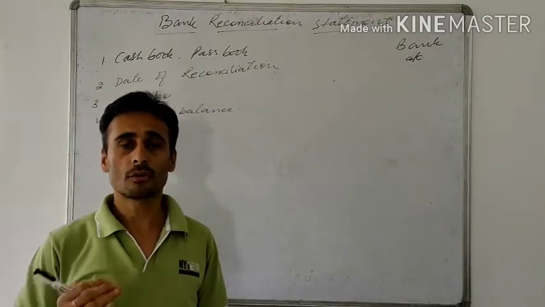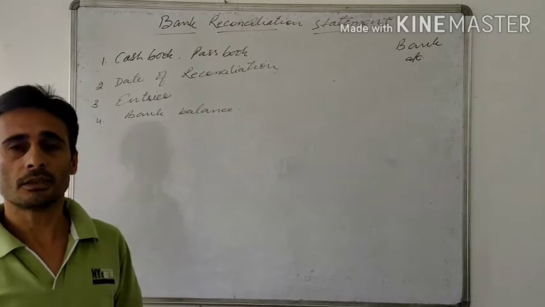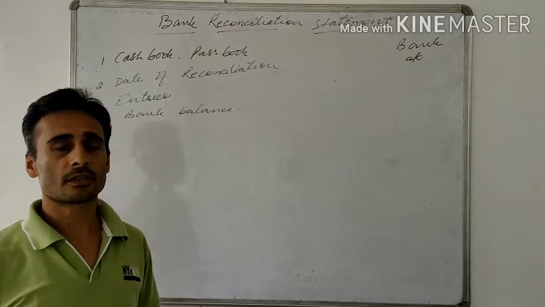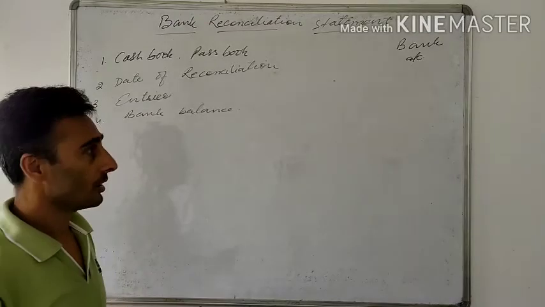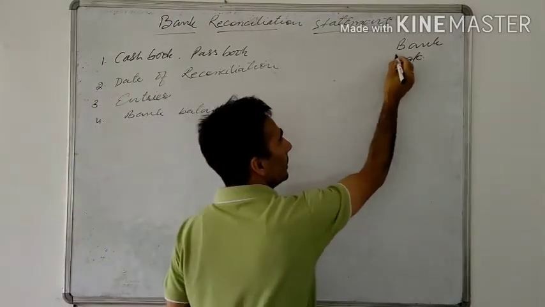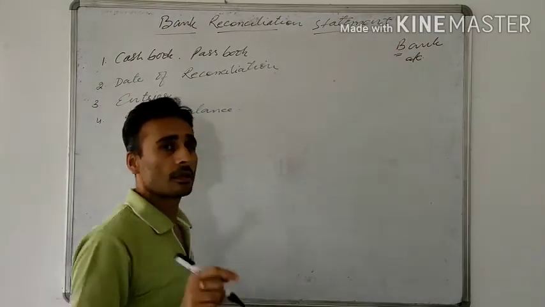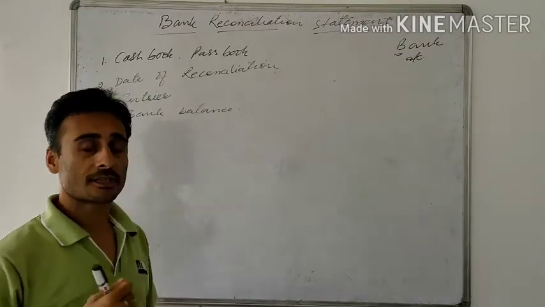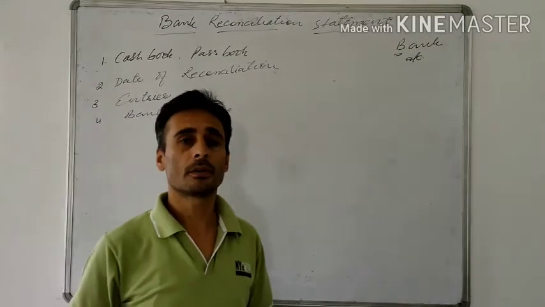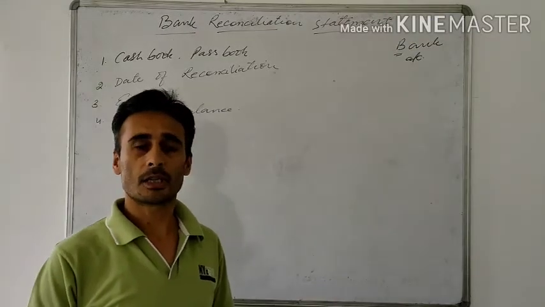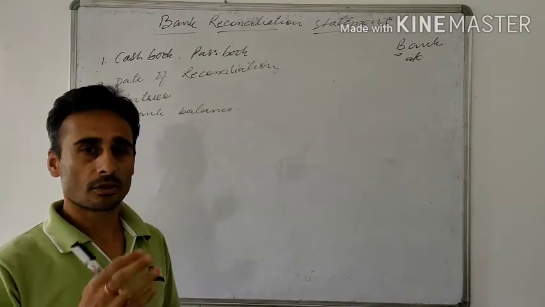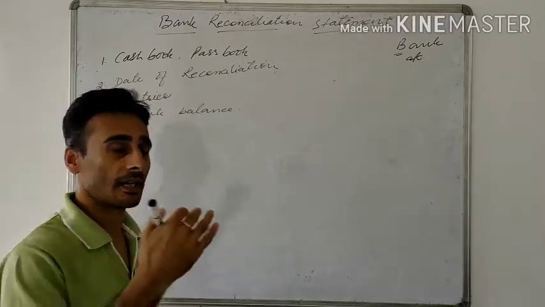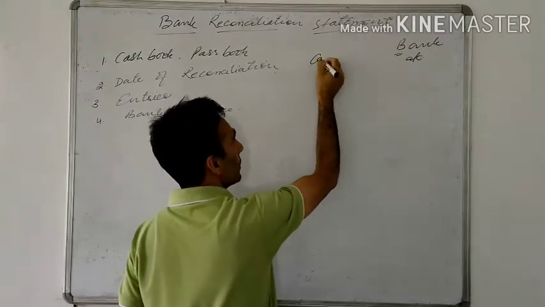In order to do the transactions through bank, like check deposit, check withdrawal, all this has to be done with the bank through its account. Now all these transactions that is taking place with the bank needs to be recorded by the company or the firm. So the company or the firm records all these transactions related with the bank in a book called cash book.